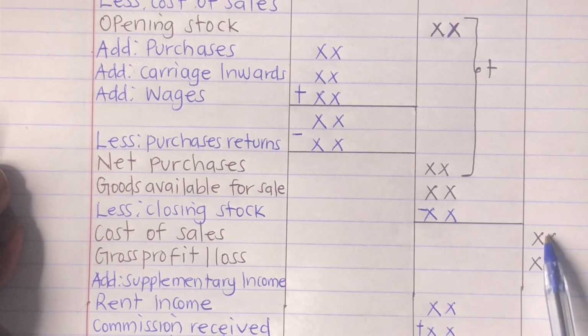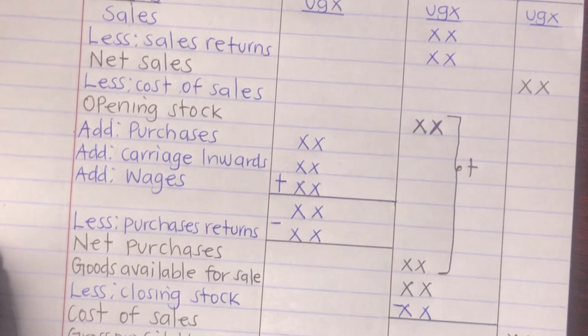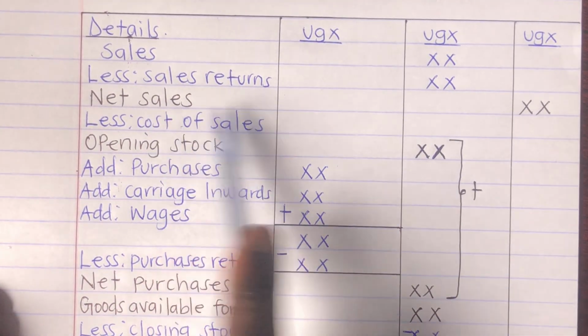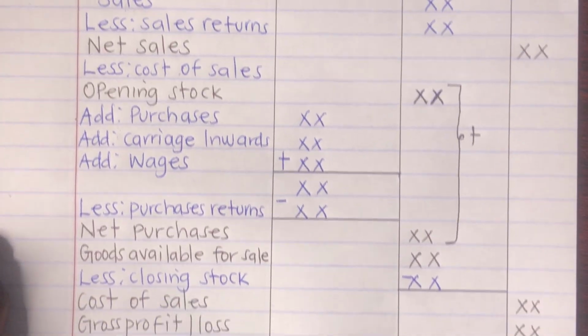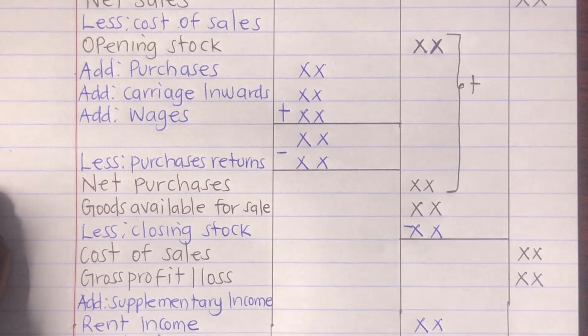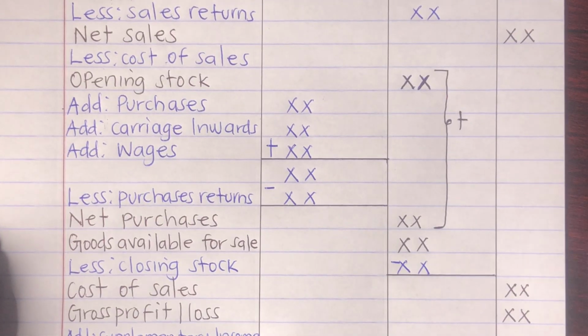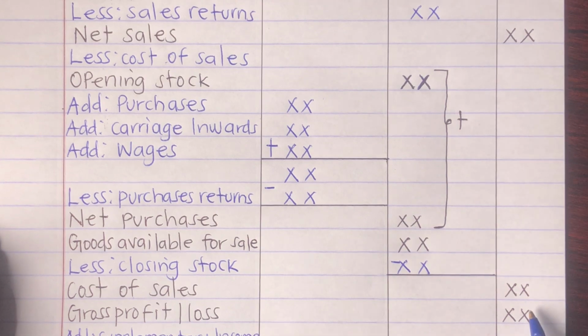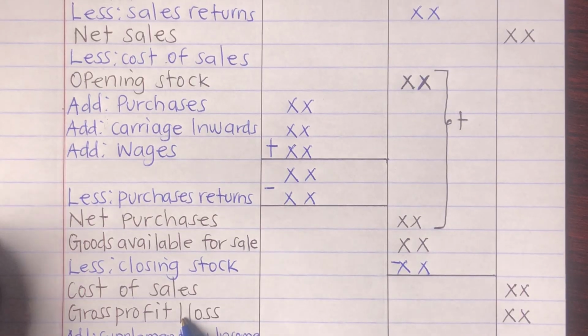Now when you come and compare these two, we have net sales, and then we have cost of sales here. You compare these two items. When you compare net sales and cost of sales, it gives you gross profit or gross loss.